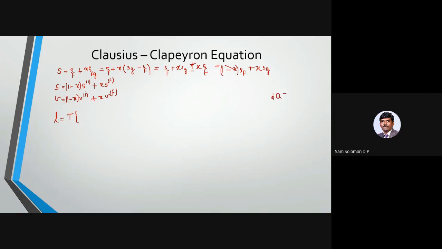If this dq is latent heat, then I write it as L, and this L is nothing but T into S2 minus S1. So in this case, it is T into S final minus S initial. So S superscript F minus S superscript I.